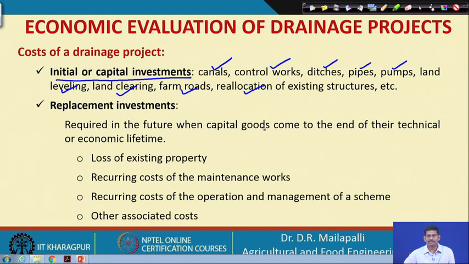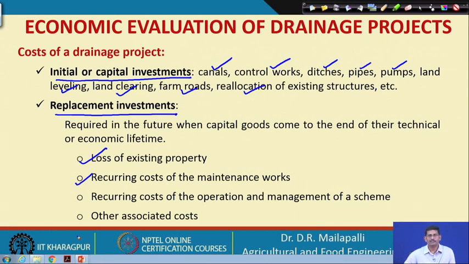We categorize that as a cost, and then there are replacement investments, which also have cost, for example, loss of existing property. Suppose your drainage project is going on, and all of a sudden some natural calamity happens and you lose some of the properties. The other is recurring costs of maintenance works.